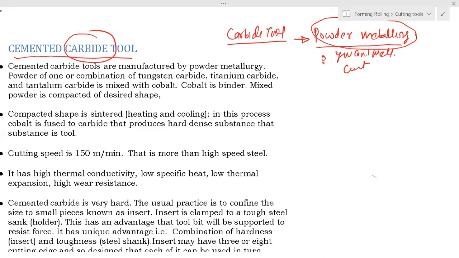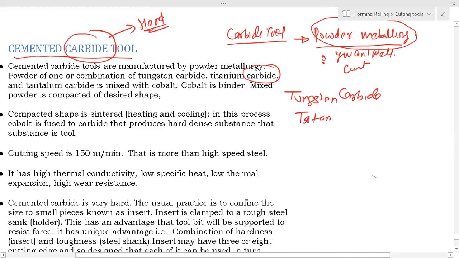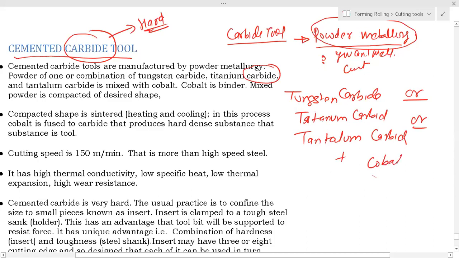This cemented carbide tool is made using these techniques, where we use powder of tungsten carbide, titanium carbide, or tantalum carbide, plus cobalt. When the word carbide is used, understand that it is hard.